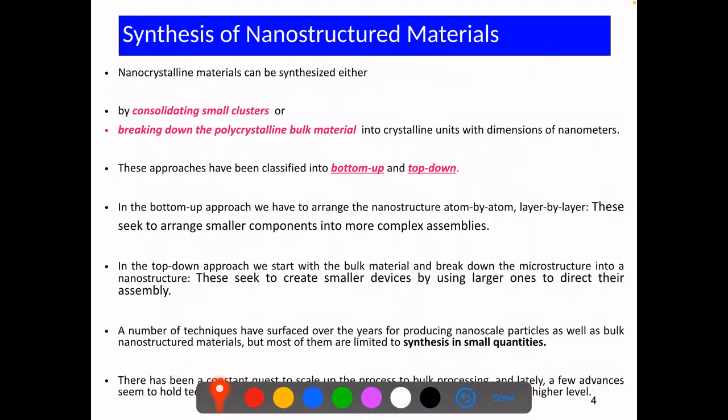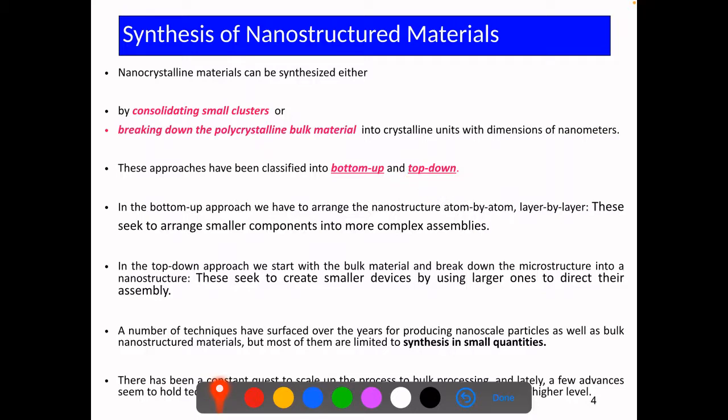If we go into a little bit more detailed explanation of the synthesis of nanostructured materials, well, nanocrystalline materials can be synthesized either by consolidating small clusters, which is the bottom-up approach, or breaking down the polycrystalline bulk material into crystalline units, which is the top-down approach.